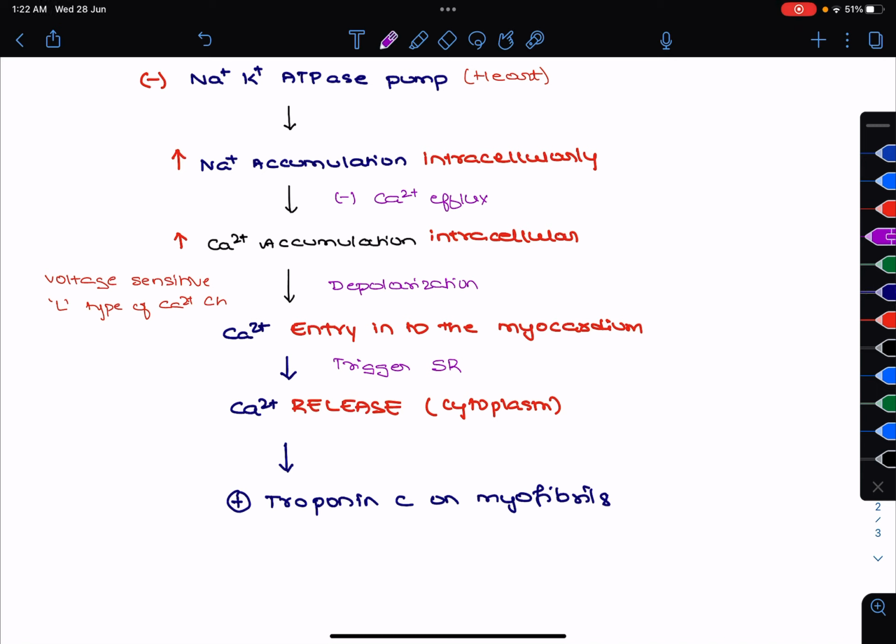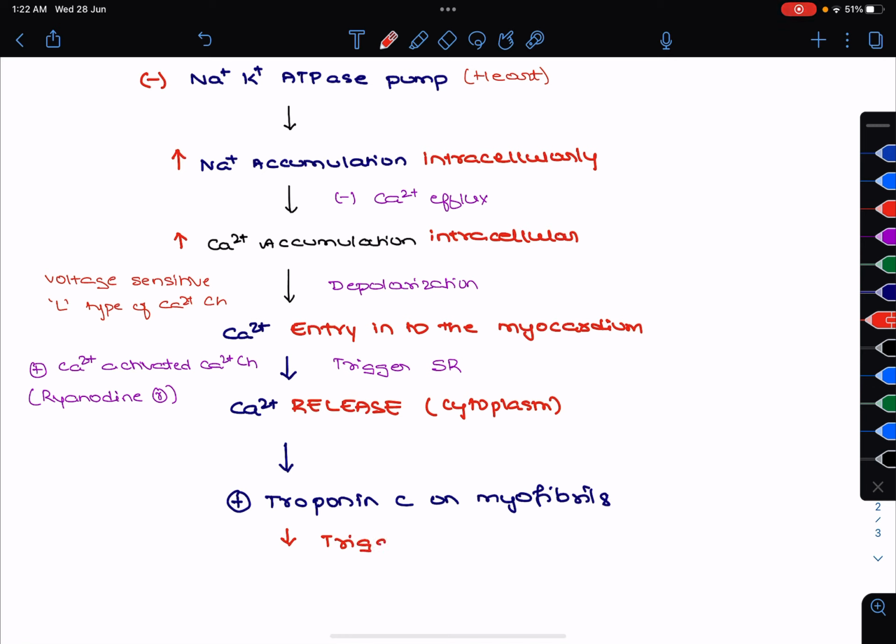Basically, once it triggers the calcium release from the sarcoplasmic reticulum, mainly through activation of calcium activated calcium channels, which are also called ryanodine receptors, it activates the troponin C on the myofibrils.